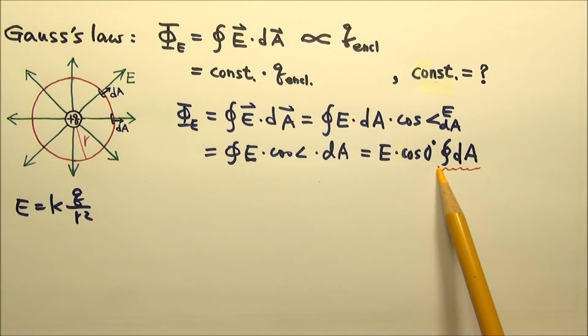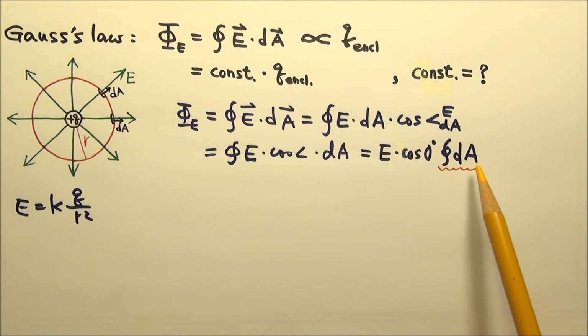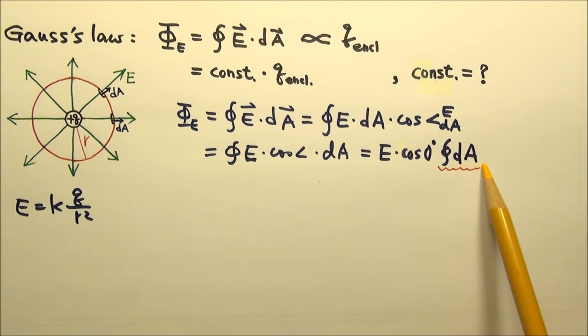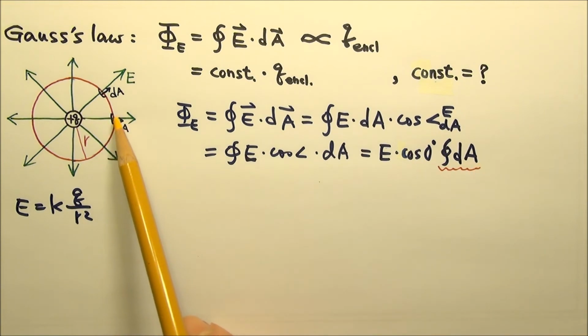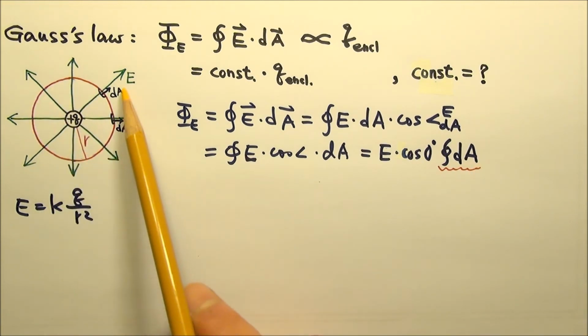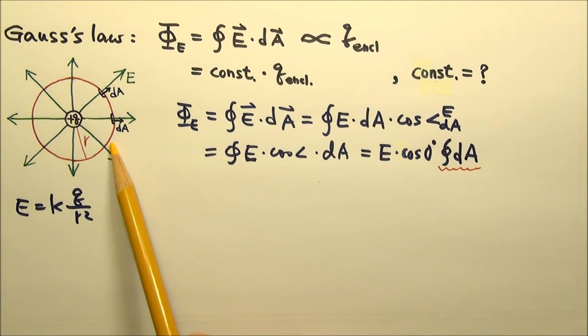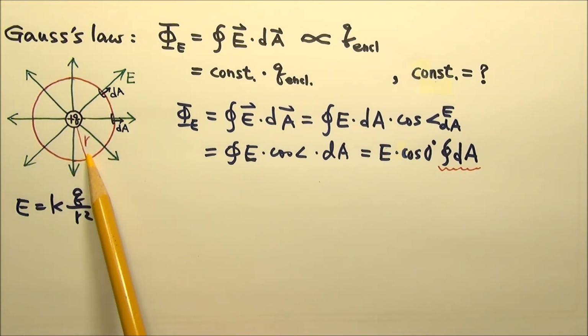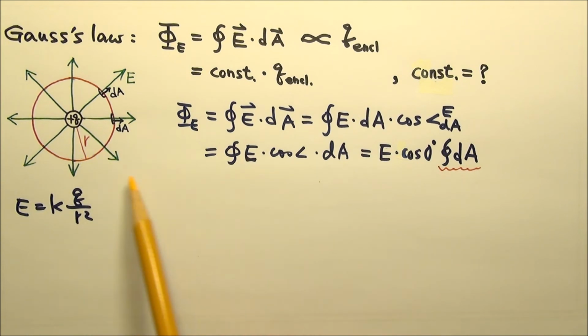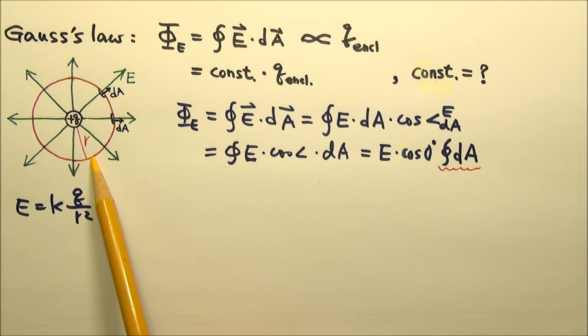What is the closed integral of dA? This is the dA, the magnitude over here. It is not the vector, and we are adding all the dA, all the little pieces of area along the entire Gaussian surface, which means we get the total area of this Gaussian surface, which is the surface area of this sphere.